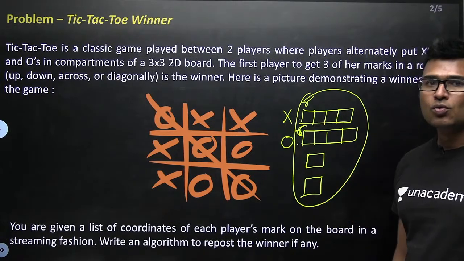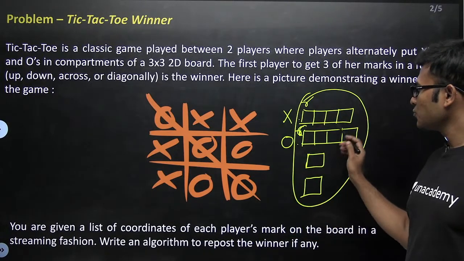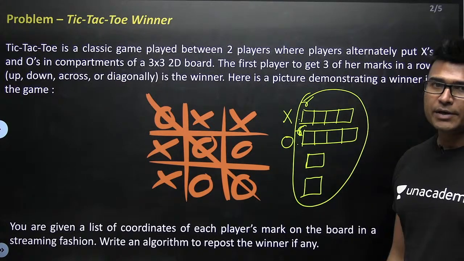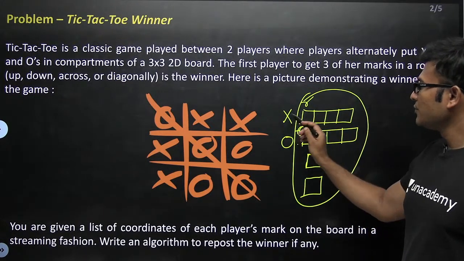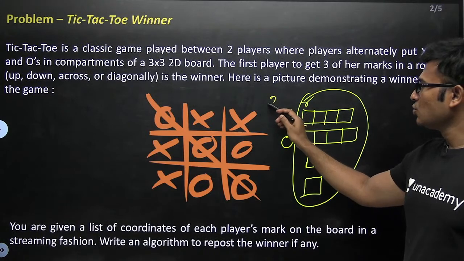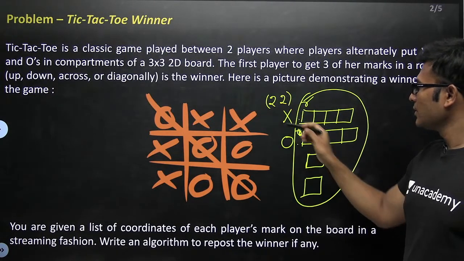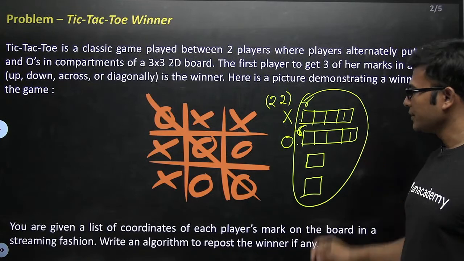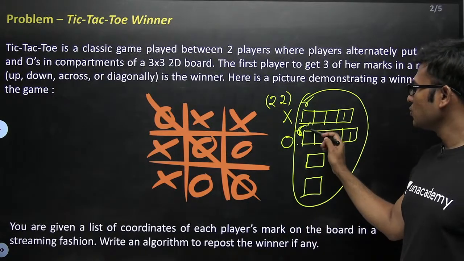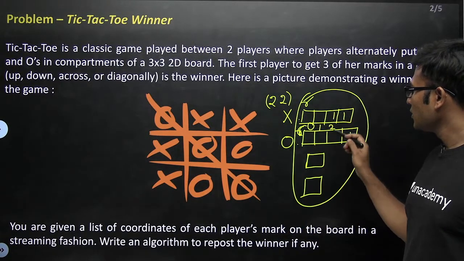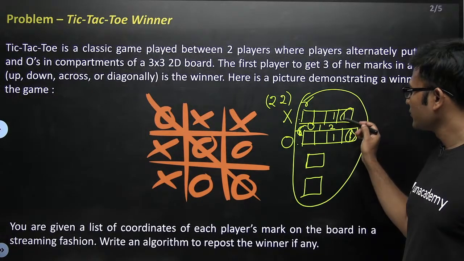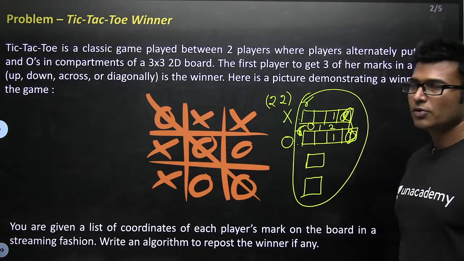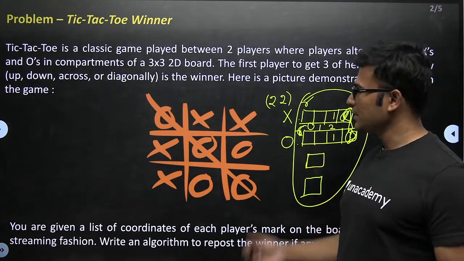Whenever there is a move, we are going to update the corresponding element, right? For example, if the move is, let us say, 2 2, then we are going to write 1 here, 1 here, because this is 0 1 2. Acha, 1 here, 1 here. Okay, it is a 3 by 3, right? So if we think of it as a 3 by 3, then that is the case.